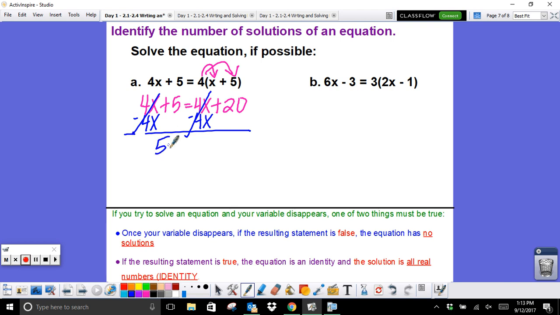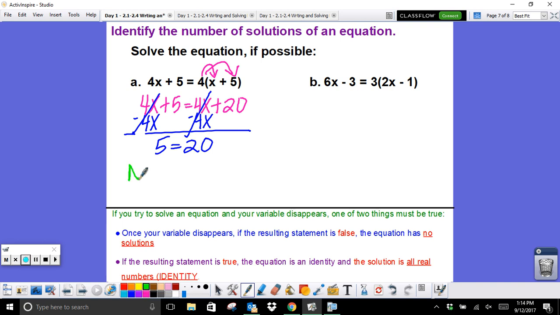So I have 5 equals 20. Okay, notice what happened to my variables. They're completely gone. If your variables completely disappear, we need to look at this equation and see if it is true or not. Does 5 equal 20? No, 5 does not equal 20.